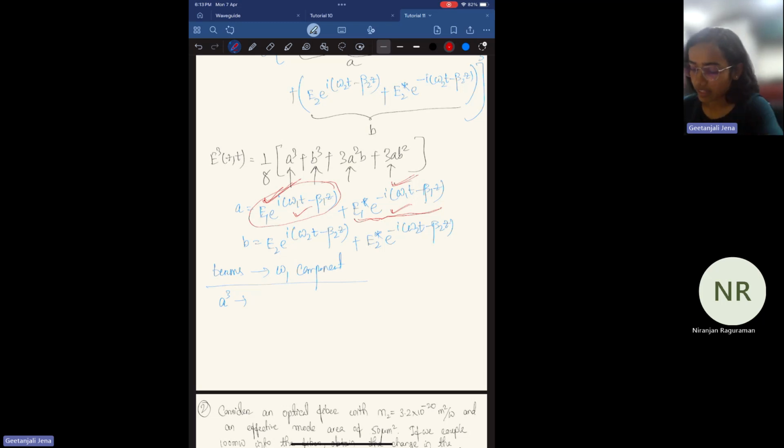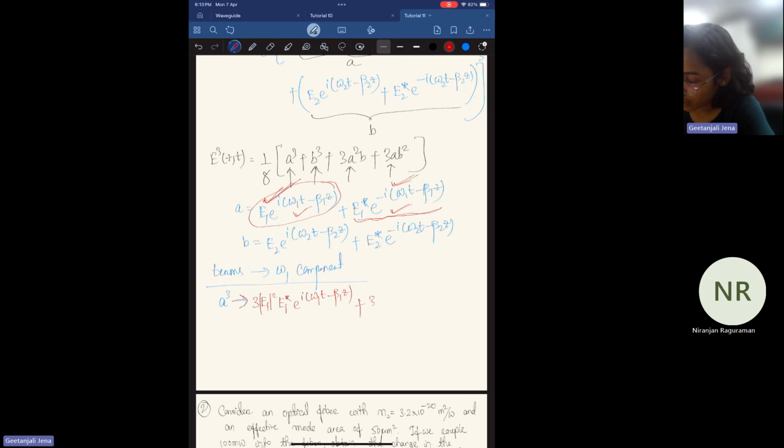That means in A cubed, we will have 3 A² B e^(i(ω1t − β1z)) plus, if you take 3A²B also, we'll have a component of ω1, right?